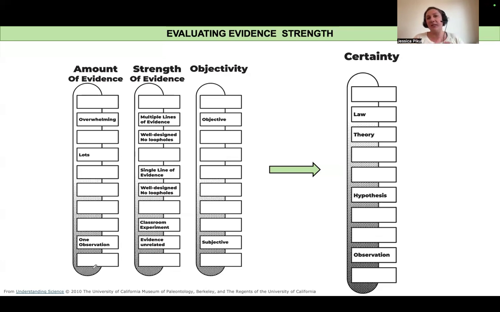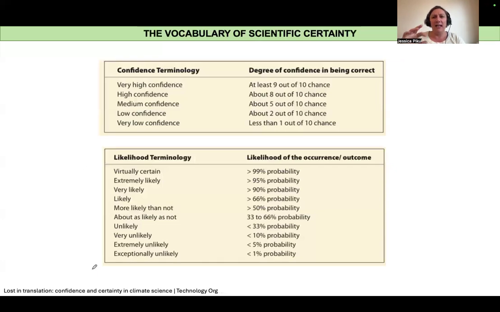And so we bring these three things together, and there isn't an equation for it, but we use these three things to decide how certain or uncertain evidence is when we're looking at a scientific claim. And we actually use pretty specific terminology. Although we use terminology that are common phrases, we mean very specific things when we use them, while in everyday conversation it means something way more vague.